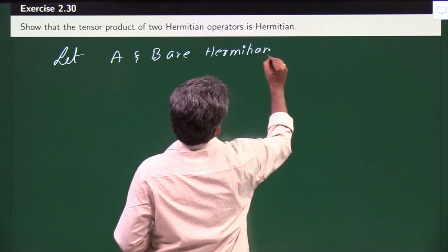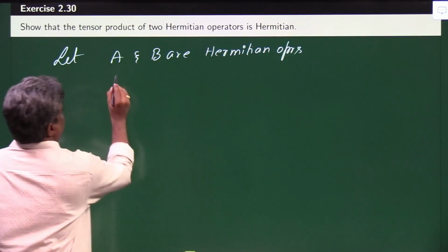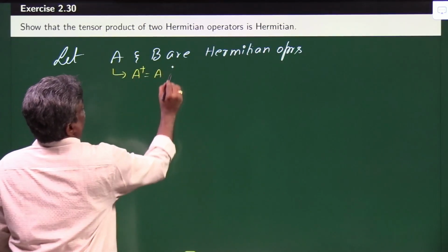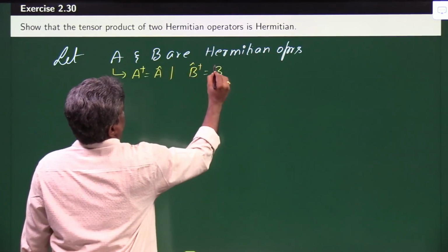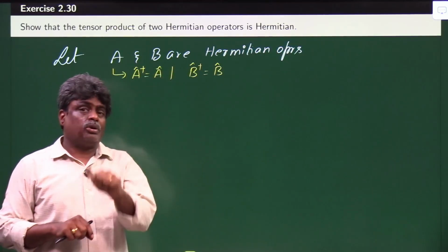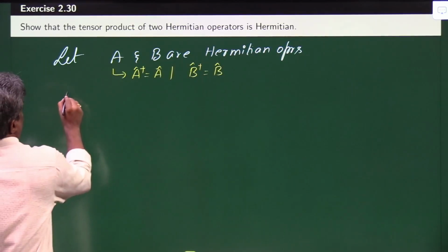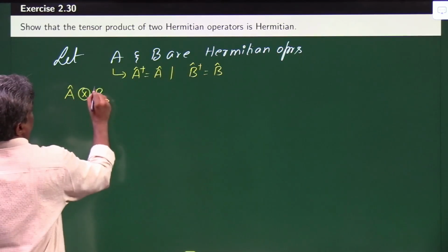What is the meaning of a Hermitian operator? It means A dagger equals A, and similarly B dagger equals B. Now we have to check that the tensor product of these two Hermitian operators is also Hermitian. So let me define the tensor product of these two, that is A tensor B.